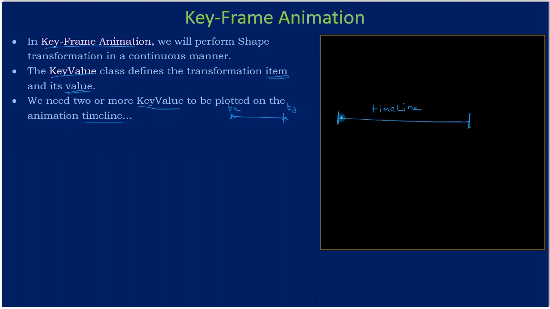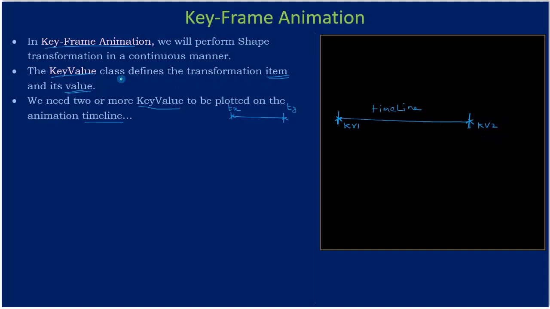Say for example here we can plot one key value KV1, and here we can plot one more key value. Let's state this as KV2. Right.